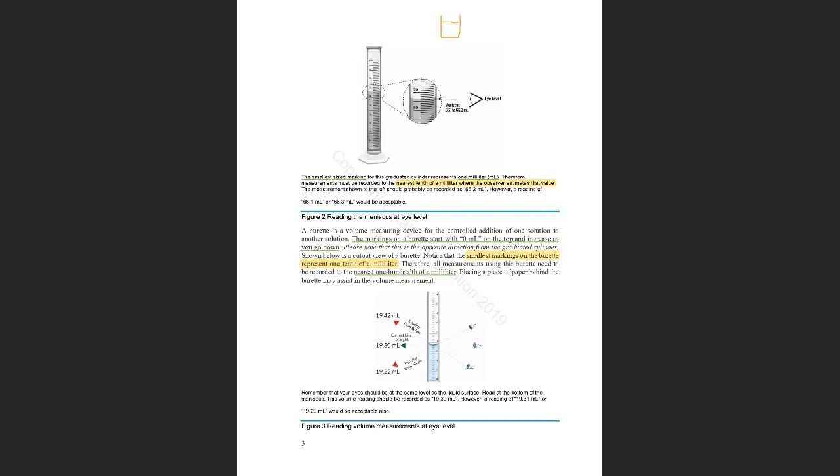So you will have some markings. Maybe we'll say 100, and maybe here 200. So you will have an approximate idea of the volume of the liquid inside, but it won't measure an accurate value.